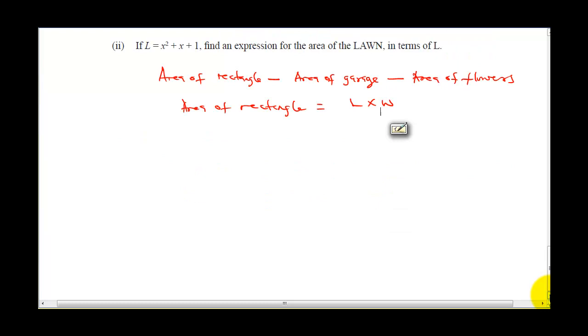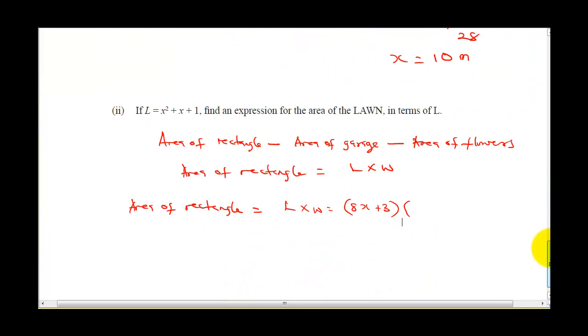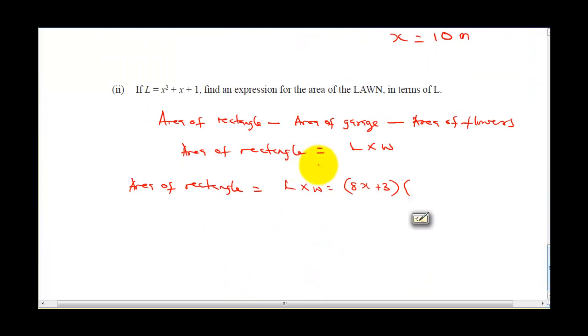So the area of the big rectangle, to be specific, is length times width, which is 8x plus 3 multiplied by 6x plus 2, if I am correct. Okay, that's it. So this is going to be 6x plus 2.